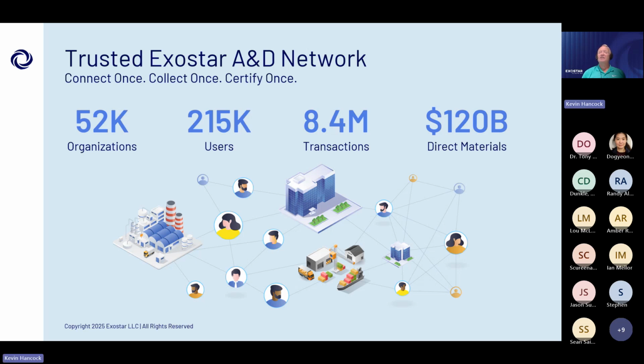Over that time, Exostar has grown as a community of suppliers in the aerospace and defense market. We have about 52,000 organizations, over 200,000 individual users that are part of that network today. And a number of you are using secure collaboration solutions provided by Exostar today.